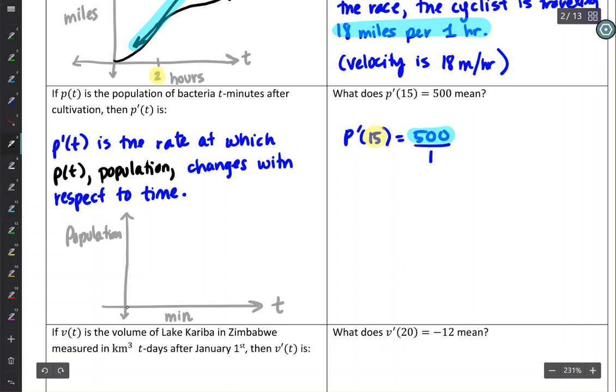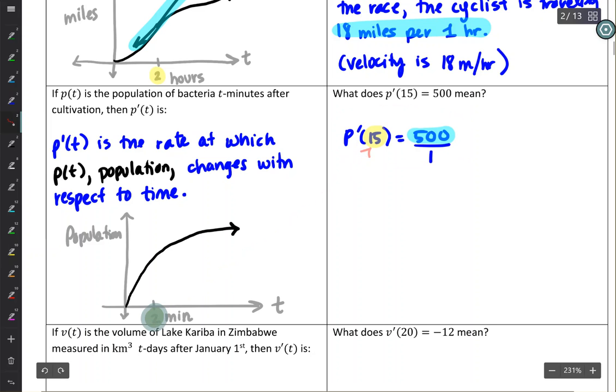Say the population explodes and then it's still increasing, but just at a slower rate. P prime, I'm sorry, I'm thinking 2 minutes from before. It's 15.